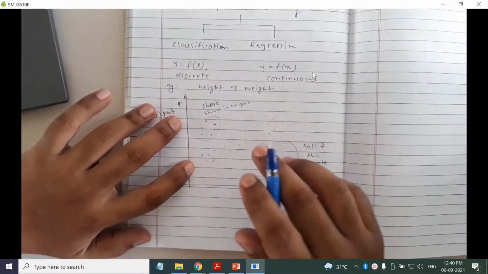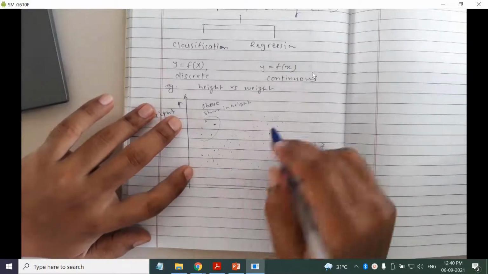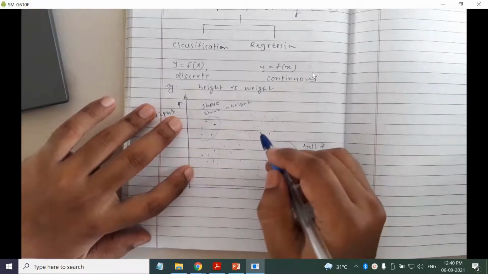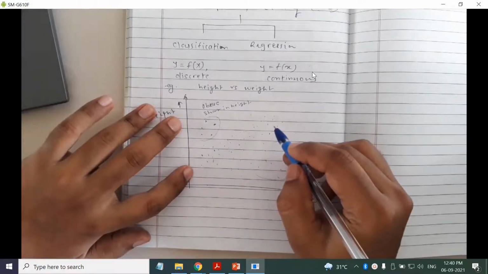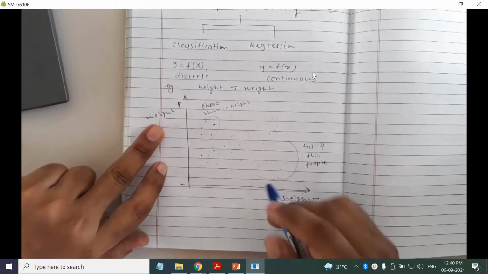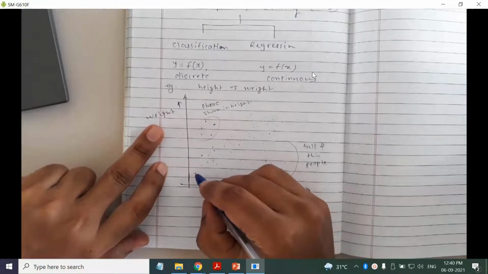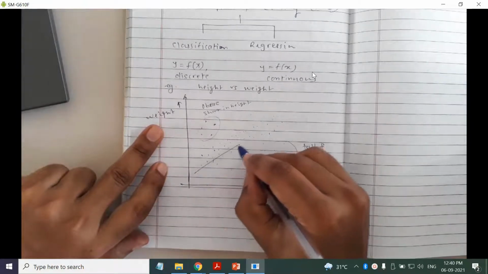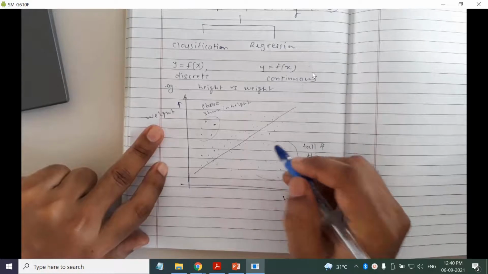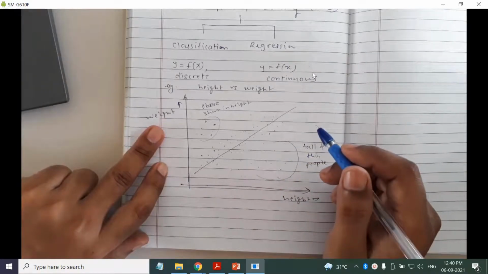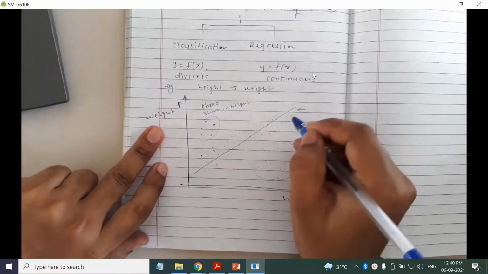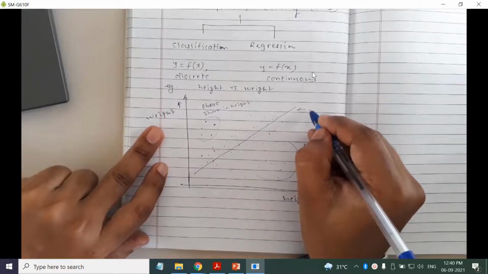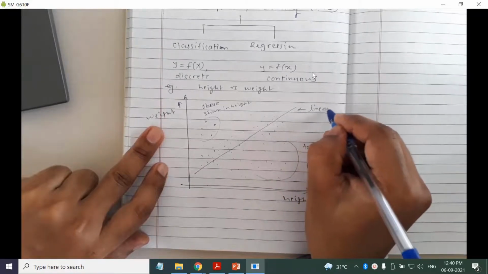Now as you can see, there is a positive relationship between these two variables. So now I can draw a line passing through the middle of this distribution. As my model or the decision boundary is linear in nature, I can say that this is my regression line. This is my linear regression line.